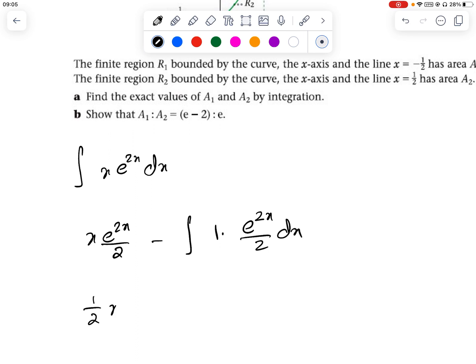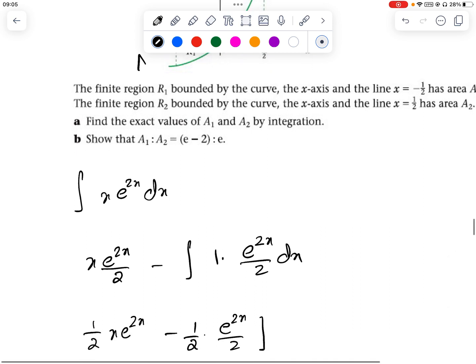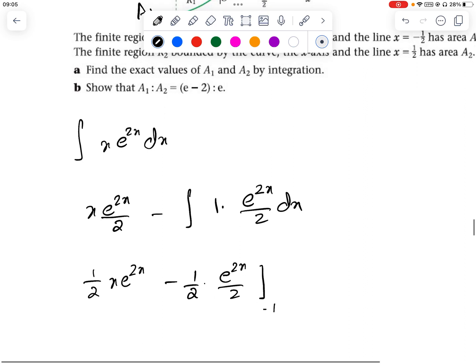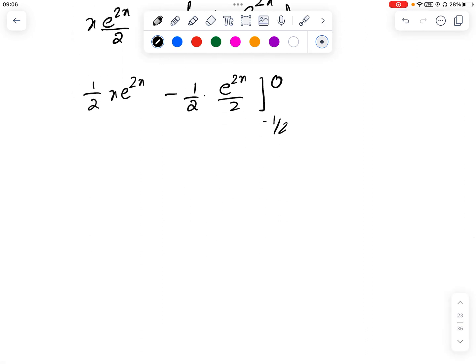So 1 upon 2 x e to the power of 2x minus 1 upon 2 e power 2x integral, which is e power 2x upon 2. Now the limits. For the A1 part, the limits are negative 1 upon 2 to 0.